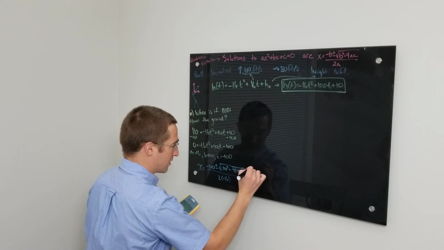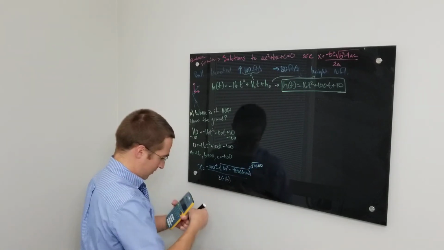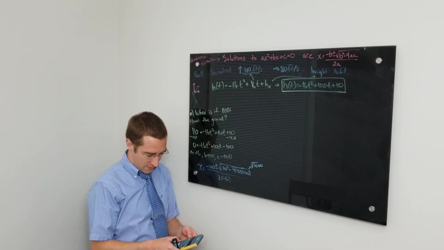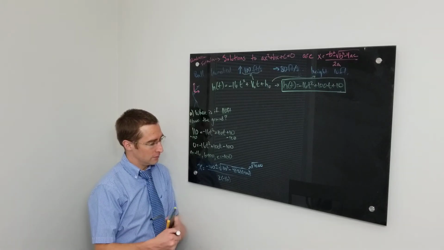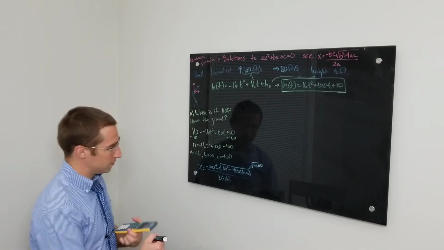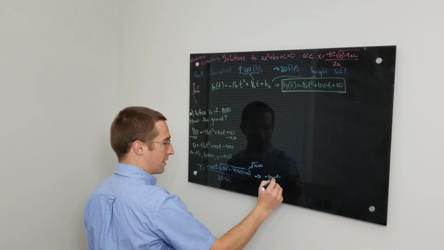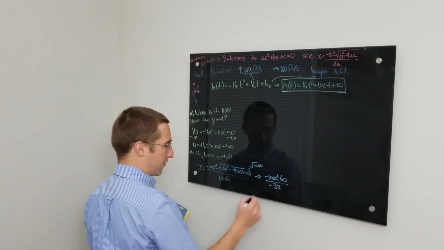So here, this is the square root of 3,600. Just square root that real quick. Should get 60. Yep. And then moving on, so here I have negative 100 plus or minus 60 over negative 32.